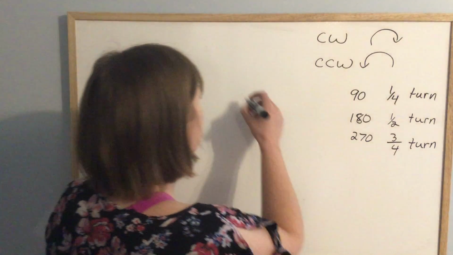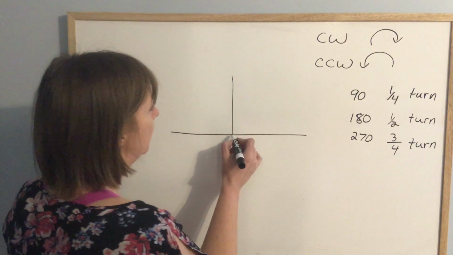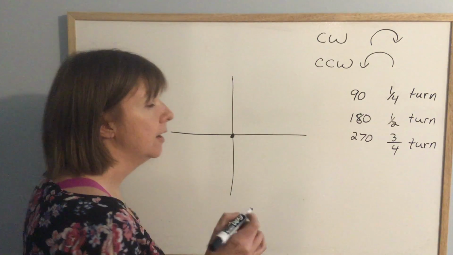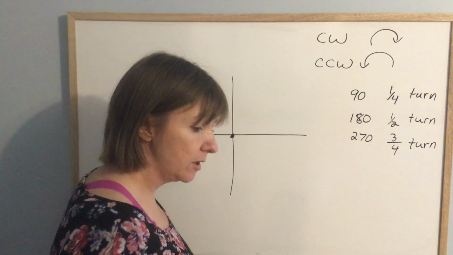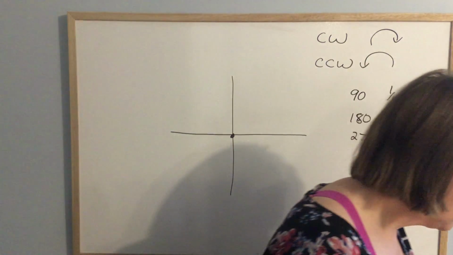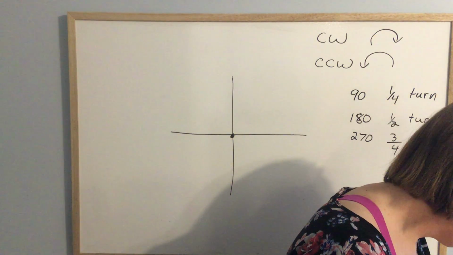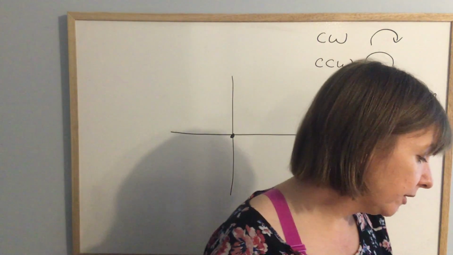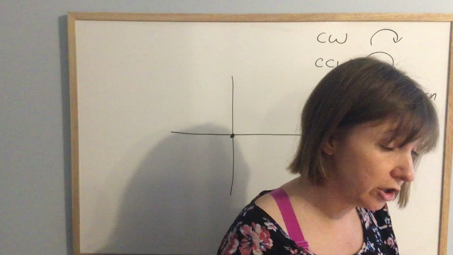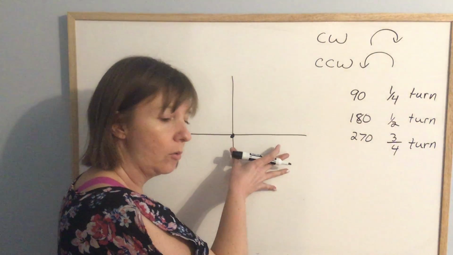So if we have an XY axis, our turn center, the place we're spinning it around, is always going to be here. But that's not always the case. The turn center is where it's turning from. In our case, when we have a graph, we're always just going to turn the whole graph.